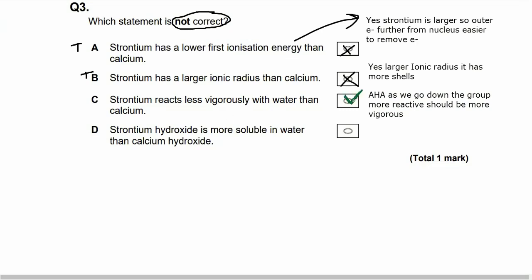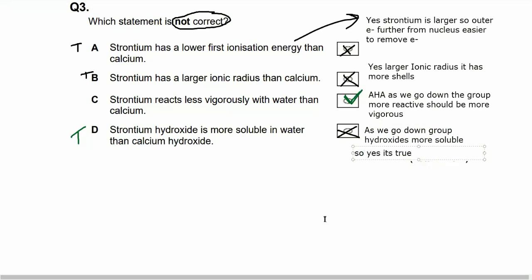Therefore, they're going to be more reactive down the group. So I would say that is the incorrect statement. It should read strontium reacts more vigorously with water. Of course, the last one, strontium hydroxide is more soluble in water than calcium hydroxide. That's not true. As we go down the group, the hydroxides become less soluble.